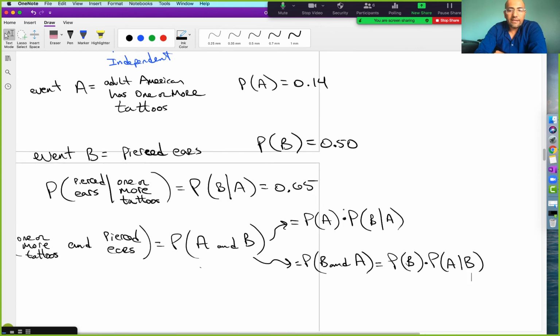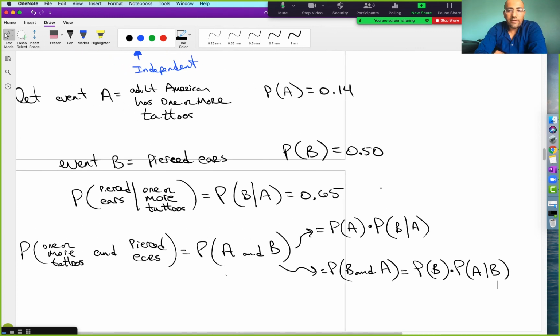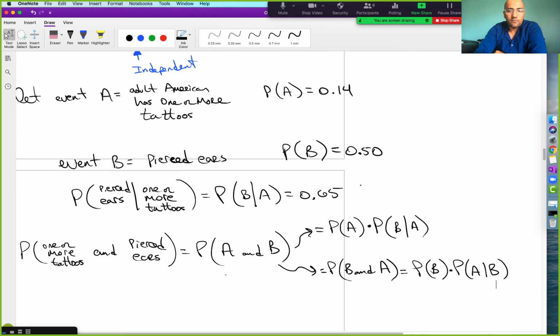However, if we go back and look at the information given, there's really only one way that we can answer this. They gave me the probability of B and the probability of B given A. So this is my winner right here.